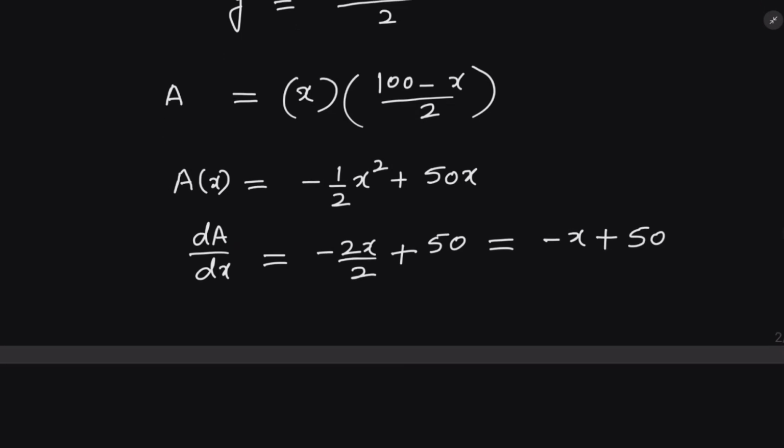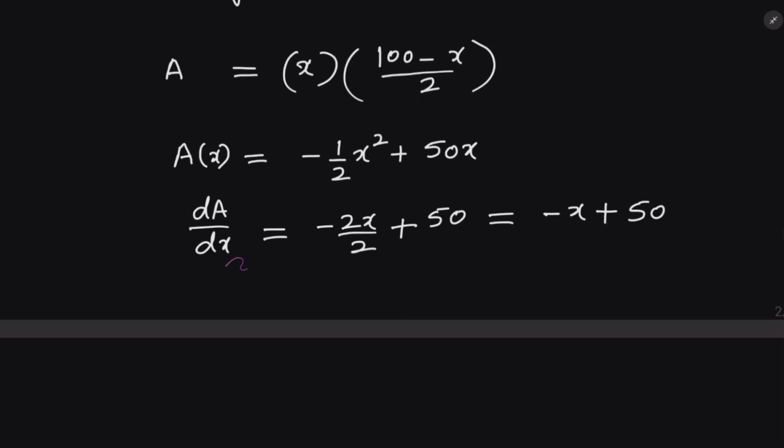By the second derivative test, d square A by dx square is minus 1, which is less than 0, so it gives a maximum value when we put the first derivative equal to 0. This is the critical point.